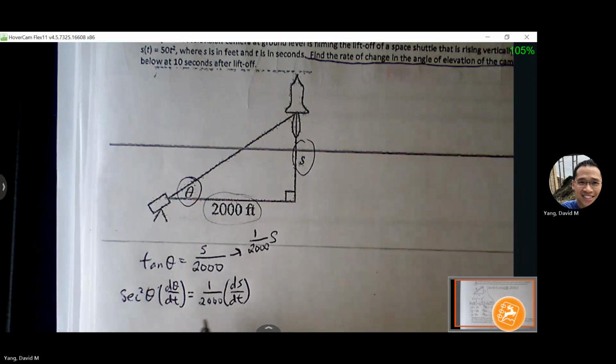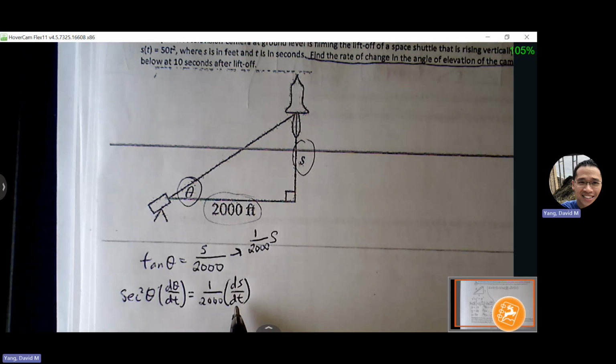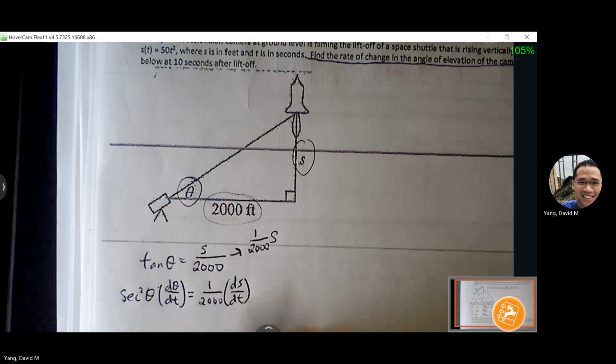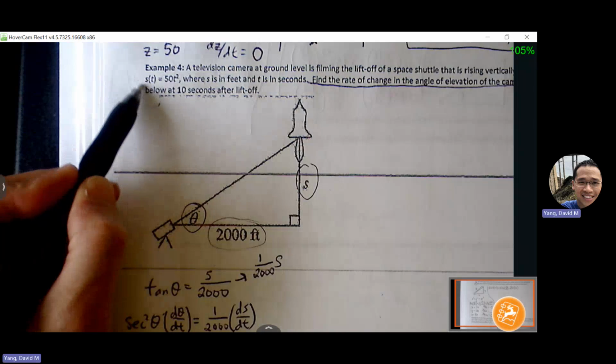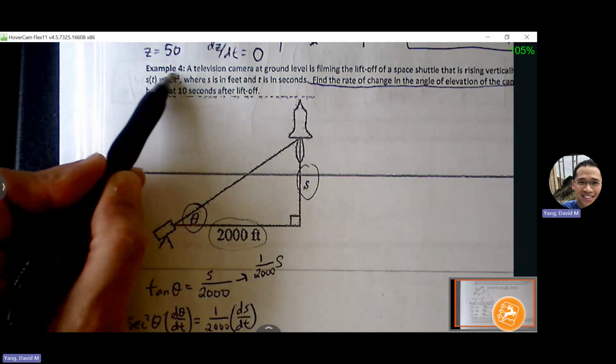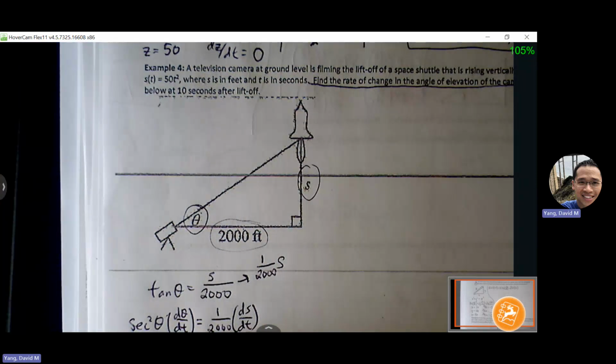Okay. What does ds dt represent? Yeah, another word for rate of a rocket is the what of the rocket. If S of t is 50t squared, ds dt is what?